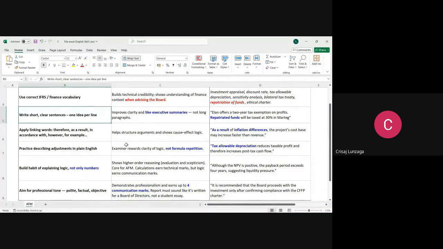It sounds difficult, I think, but if you are knowledgeable about technical terms, if you know how to use linking words, if you know how to explain the numbers logically, you are able to aim for a professional tone. So we have an example. It is recommended that the board proceeds with the investment only after confirming compliance with the CFFP Trust charter.